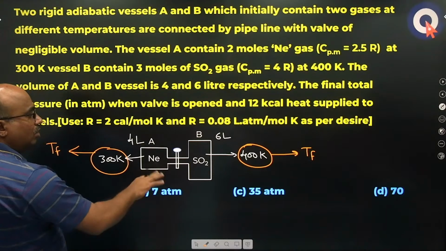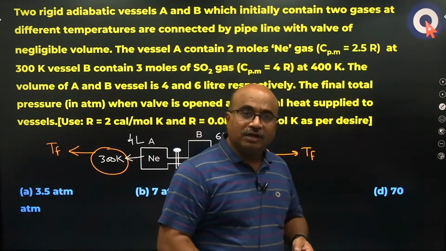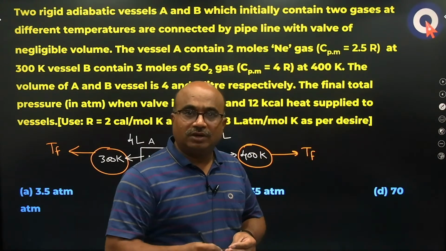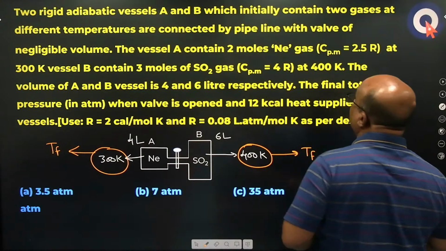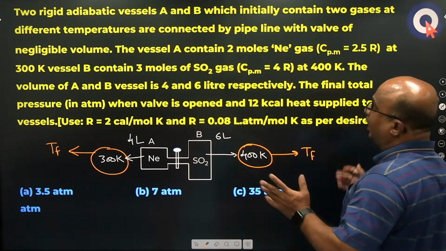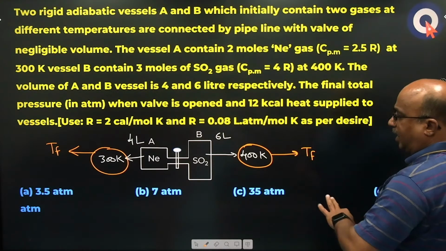So as we use now, the heat supplied is completely utilized, because the gases are ideal gases and they are diffusing in both the containers. So what will be the net heat?